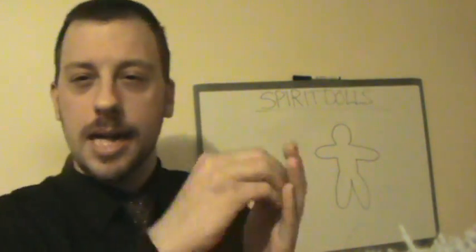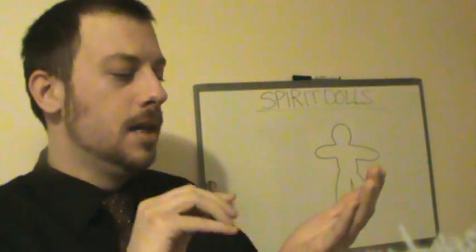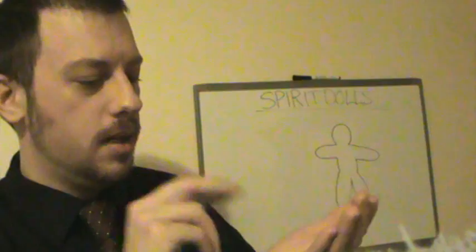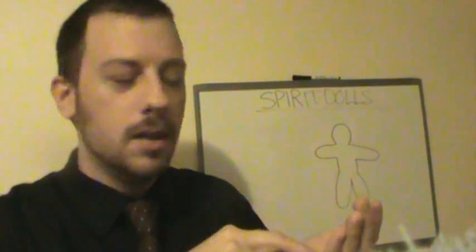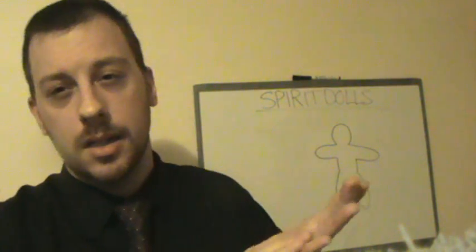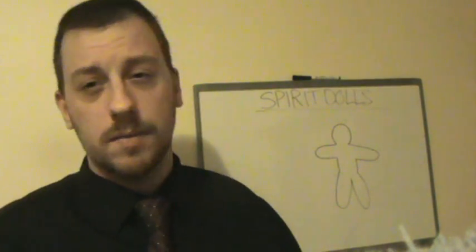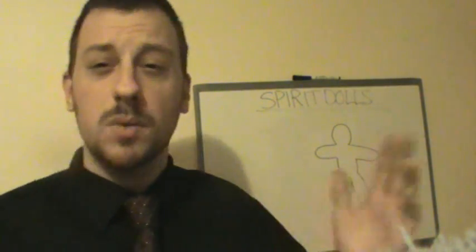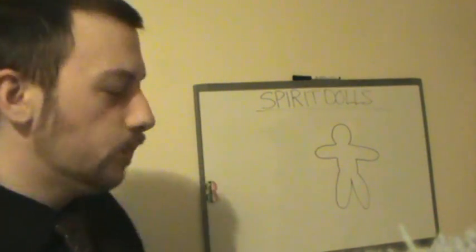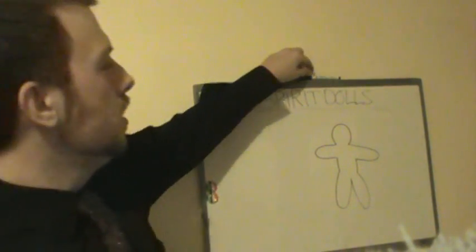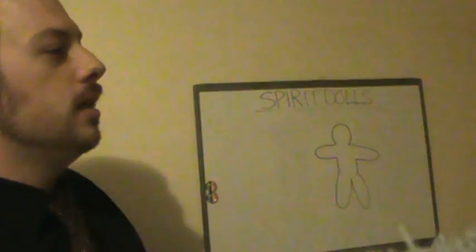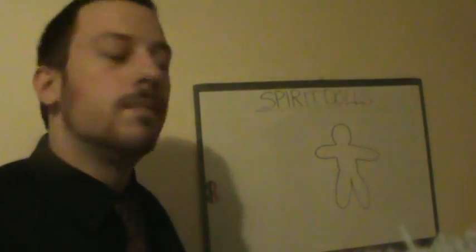Wax, you can dig out a little hole in the wax and put in the herbs and fingernails, whatever, and then seal it. You can use clay. So these can be made out of all kinds of different things, even wood. Okay, so there are two things that you will always need in a spirit doll.